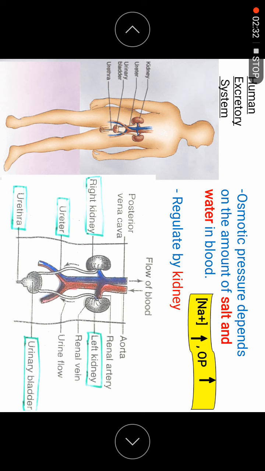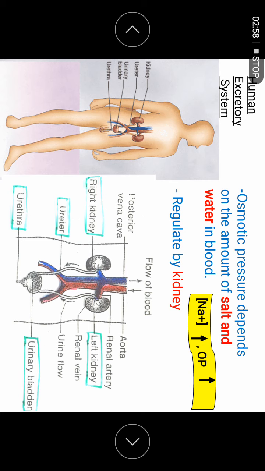Osmotic pressure is the pressure measuring the amount of salt and water inside the blood. If you have too much salt in the water, it means your osmotic pressure is higher. The opposite is the other way around. If you have low sodium, it means you have low water potential.